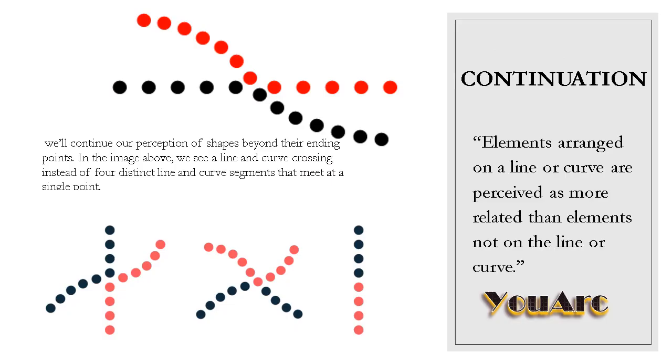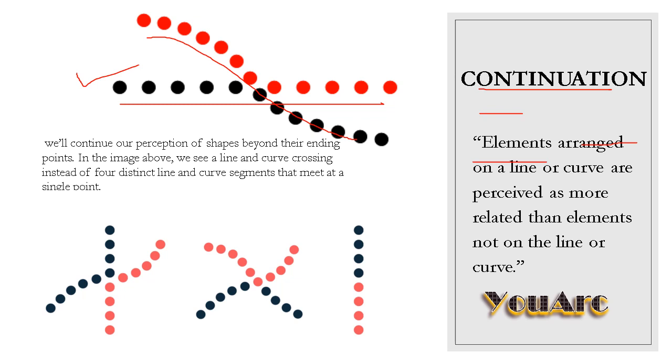What is continuation? Elements arranged on a line or a curve are perceived as more related than other elements which are not on the curve. So let's consider this particular example. What we see is a line and a curve crossing each other, instead of four distinct line and curve segments meeting at a single point.